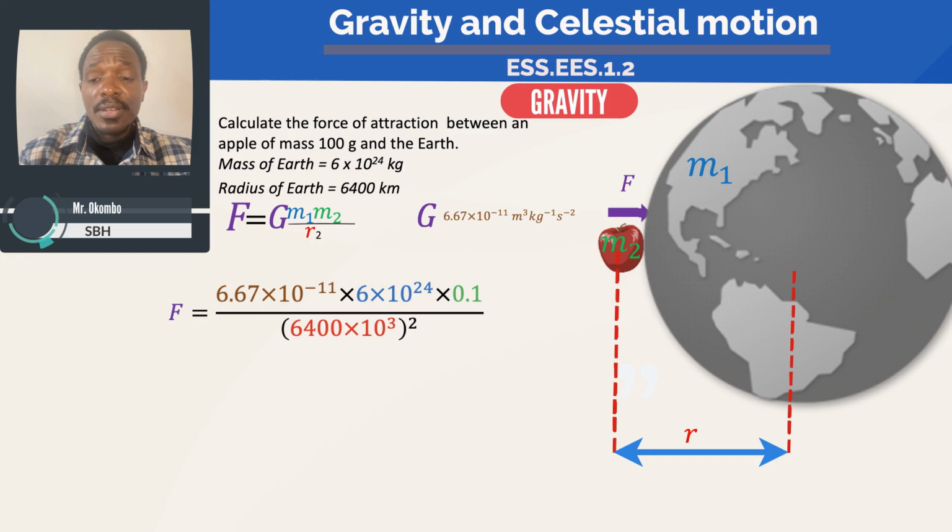Working all these figures using your calculators, you'll end up with an answer of 1.1 Newton. This is considered the force of gravity between the apple and the said Earth.